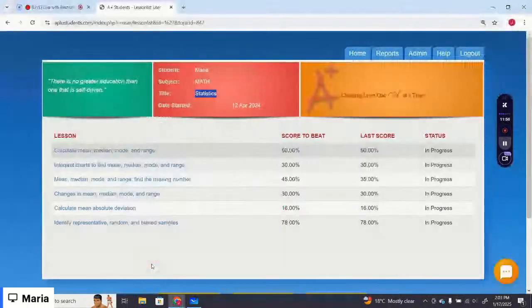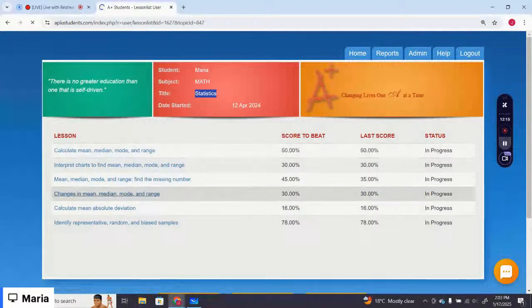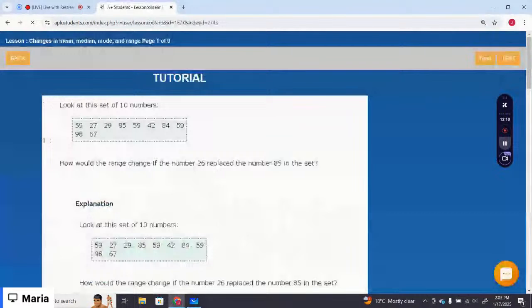And I'm on grade 7 math. The chapter we're on right now is statistics. Let's just start with the lesson that is changes in mean, median, mode, and range. Look at the set of 10 numbers.